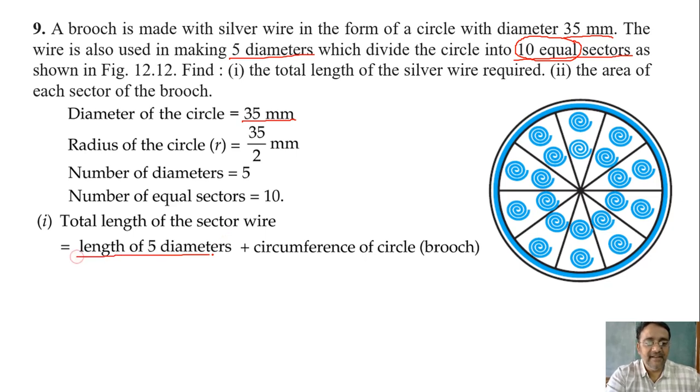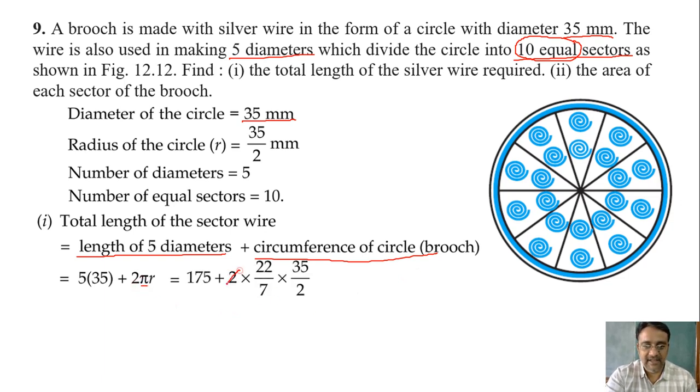So length of 5 diameters हो जाएगा 5 into 35, and this will be 2 pi r. Okay, so 2 into 22 by 7 into 35 by 2. So एक 2 यहाँ पे cancel हो गया, and 7 भी cancel कर सकते हैं हम लोग यहाँ पर. So we'll get 110. So 175 plus 110, that is equals to 285 millimeter. So this is the first answer.